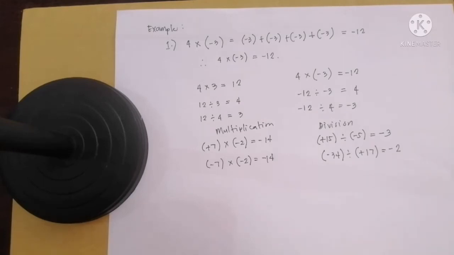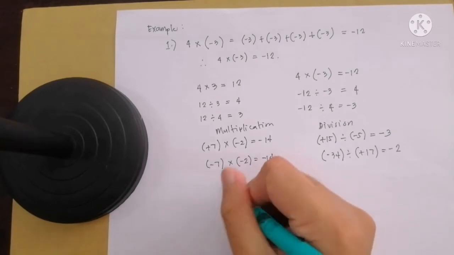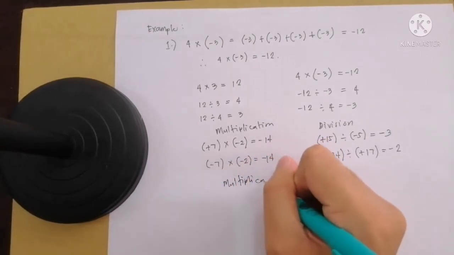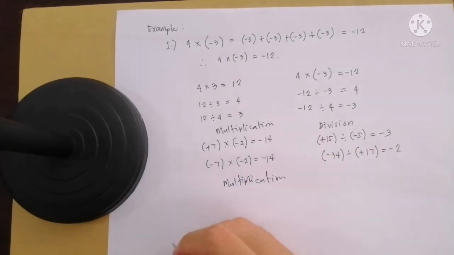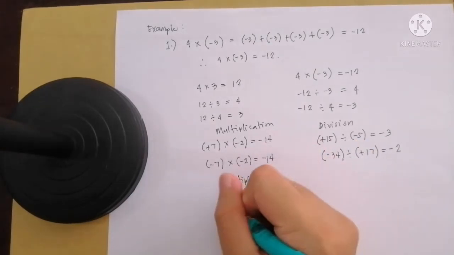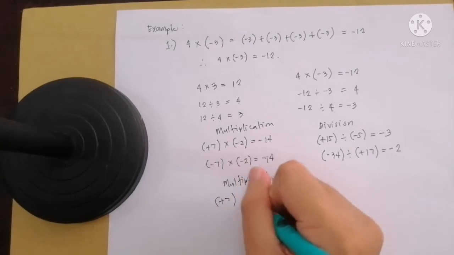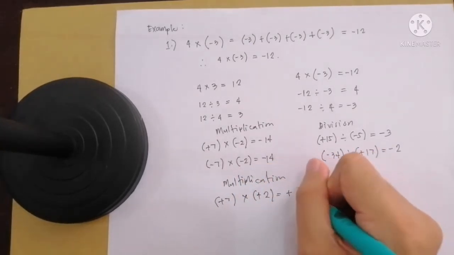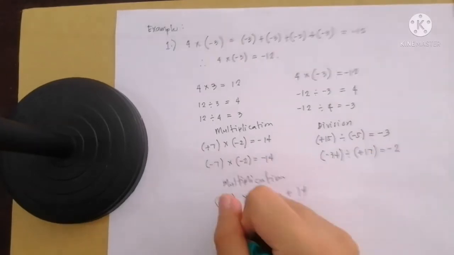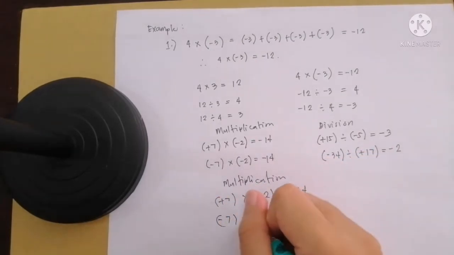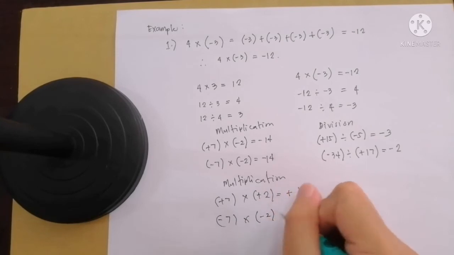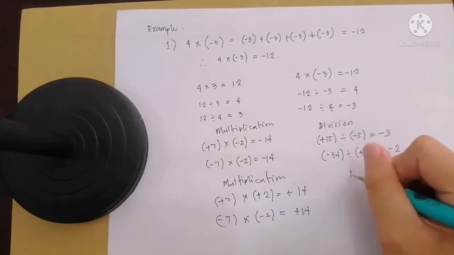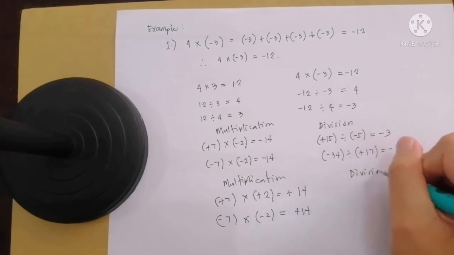So let us examine again the following multiplication. Another multiplication. We have here positive 7 times positive 2 is equal to positive 14, and negative 7 times negative 2 is equal to positive 14. And for the division, let us analyze.